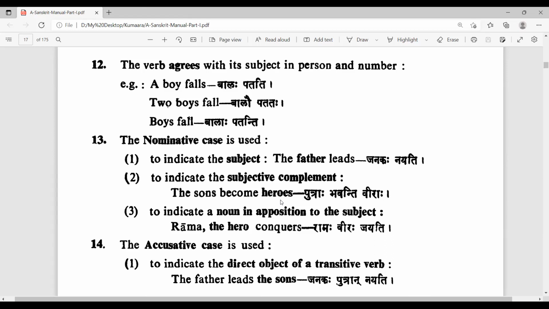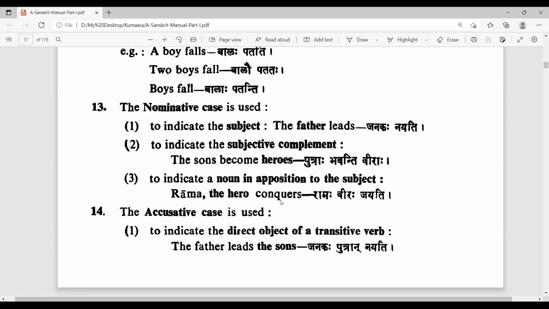To indicate a noun in opposition to the subject. Rama, the hero, conquers. Ramaha viraha jayati. In opposition to the subject. Here, Rama and vira, they are of the same vibhakti.